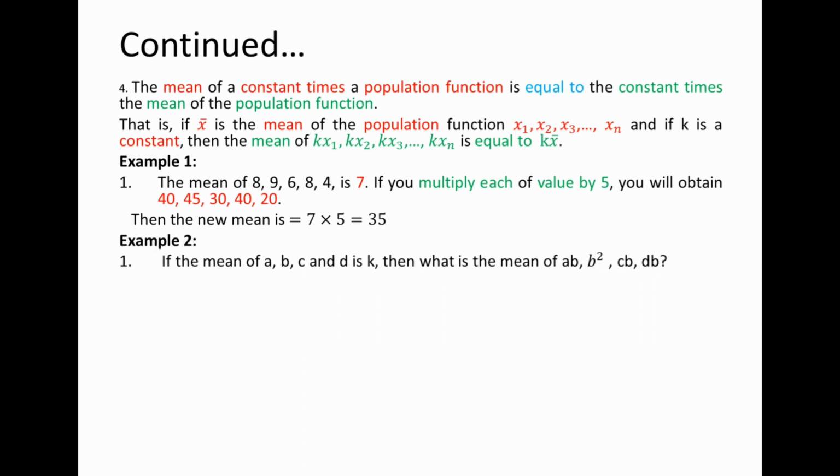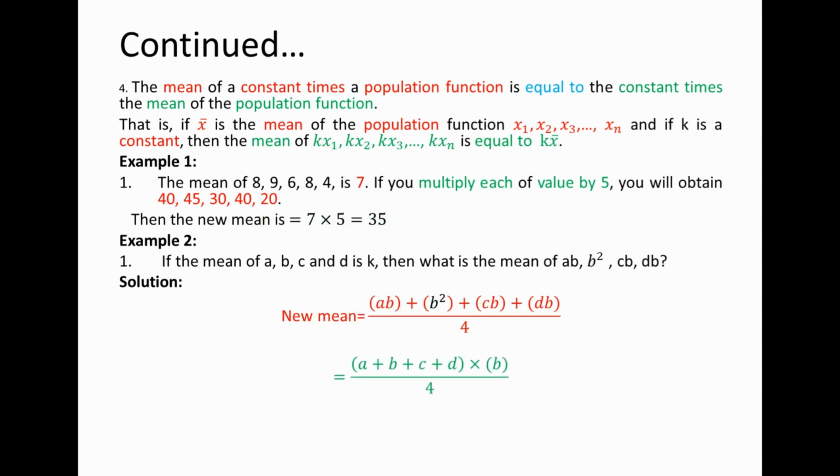If the mean of A, B, C, and D is K, then when we multiply each data value by a constant number B, the new data values are AB, B squared, CB, DB. From this, the new mean equals the sum of all the data values of the new data divided by the number of observations, which is AB plus B squared plus CB plus DB all over 4.